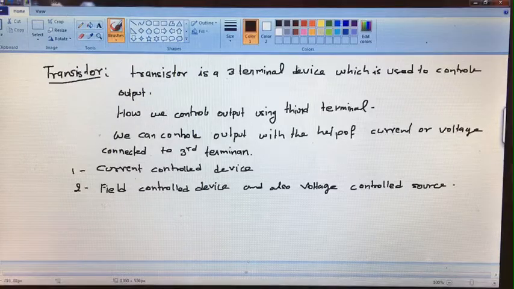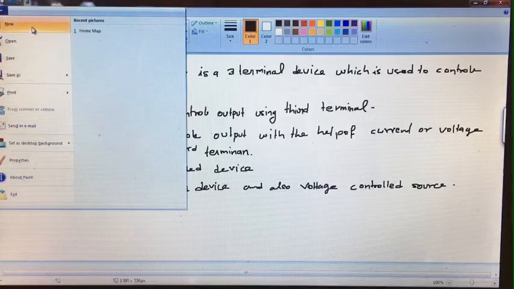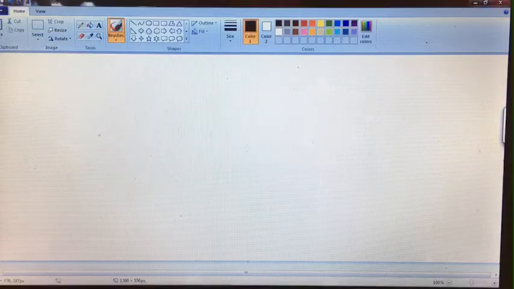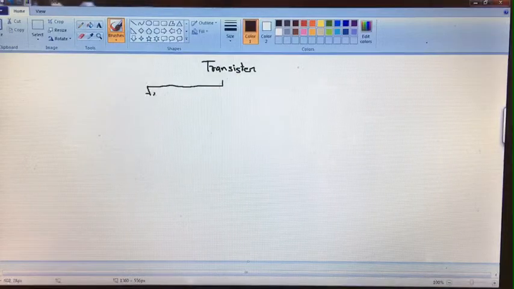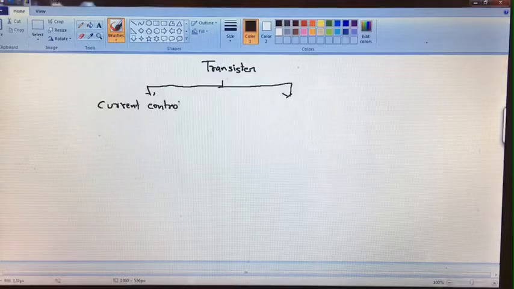So transistor will be of two types. One will be current controlled and another will be field controlled.